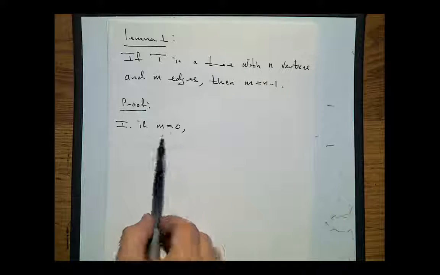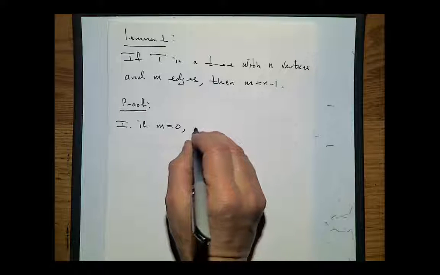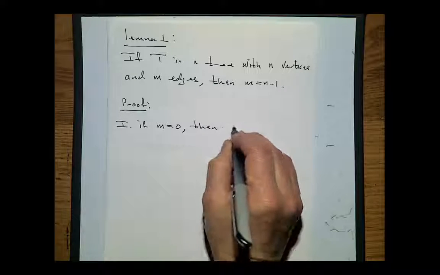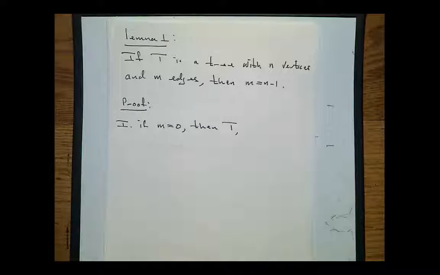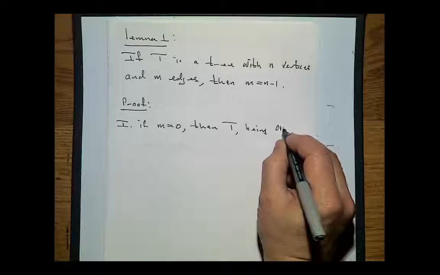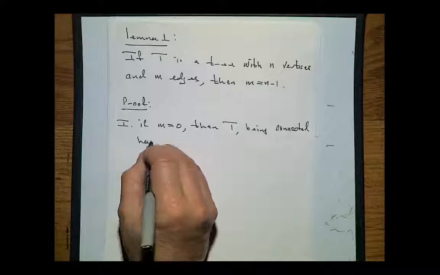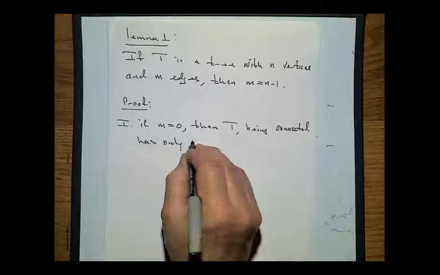If m is 0, then T, since it's a tree and therefore connected, remember what tree means, connected and acyclic, then T being connected has only one vertex.